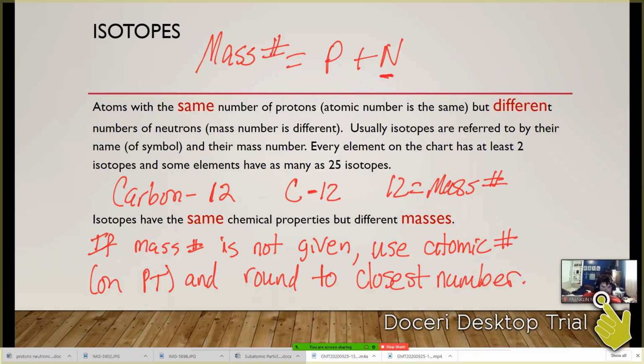So as we start working through these, sometimes you'll be given the mass number, but sometimes you'll have to use that atomic mass and round it to a whole number to get your mass number.